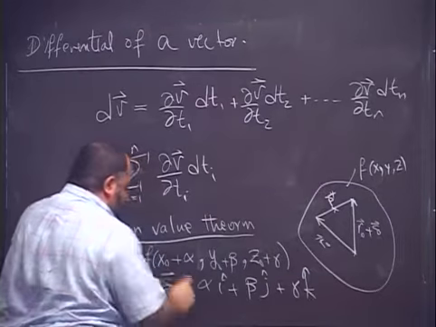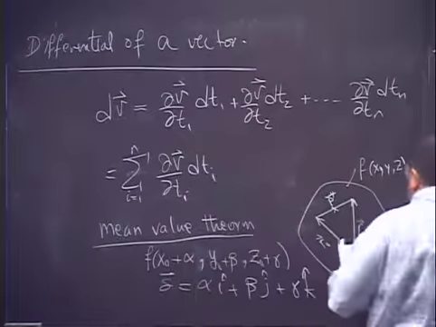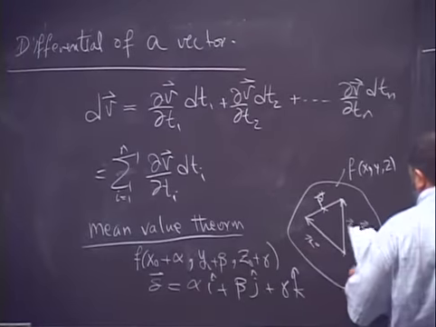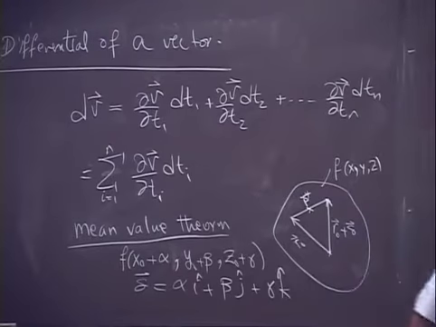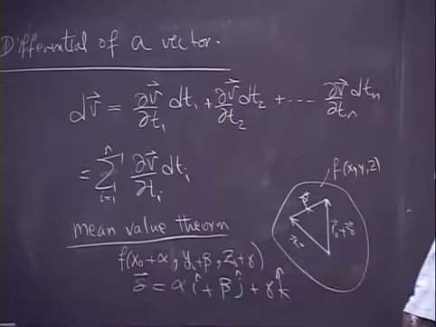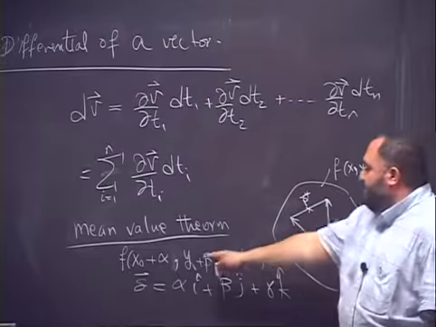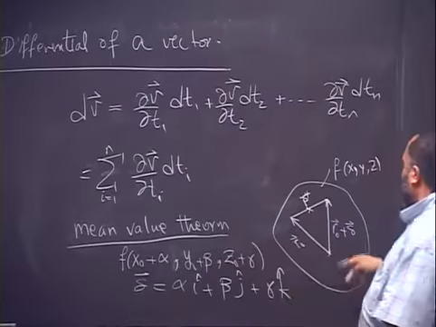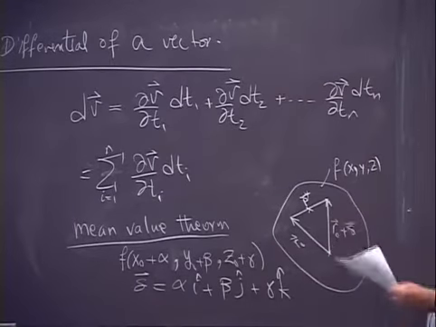So this is the vector delta here. If we want to evaluate the function at x naught plus alpha, y naught plus beta, z naught plus gamma, which is the function at r naught plus delta.